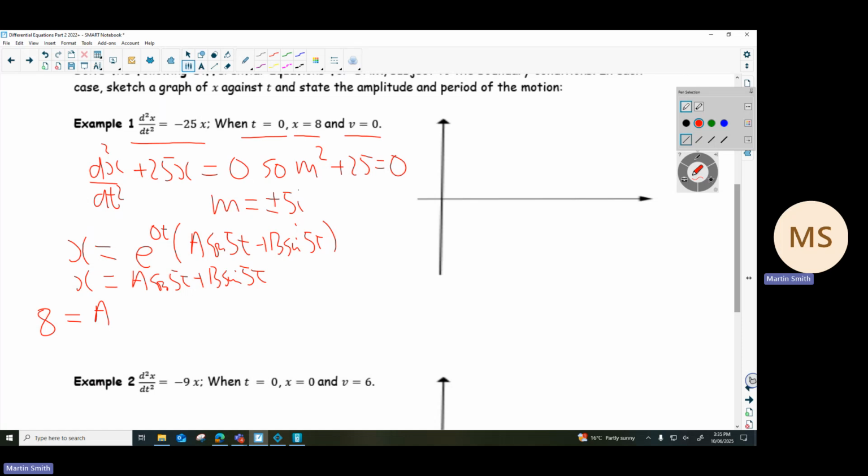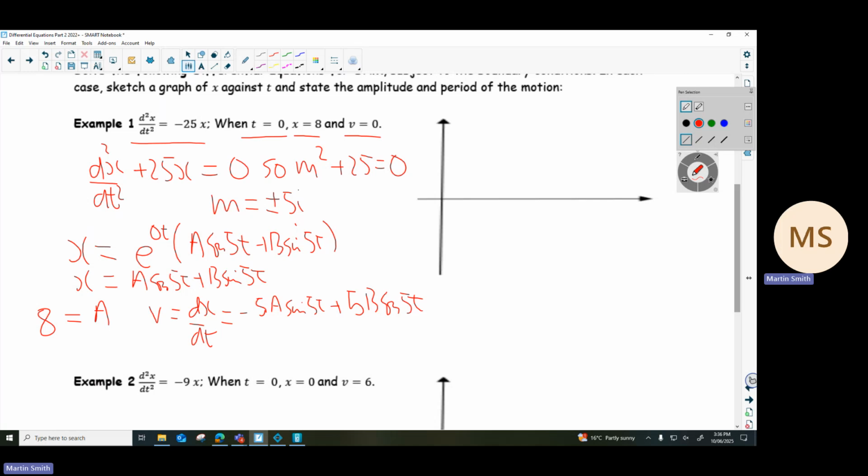To use the fact that the velocity is 0, I'm going to differentiate this to get the velocity, because the velocity is dx by dt, which is going to be, therefore, minus 5a sine 5t plus 5b cos 5t.